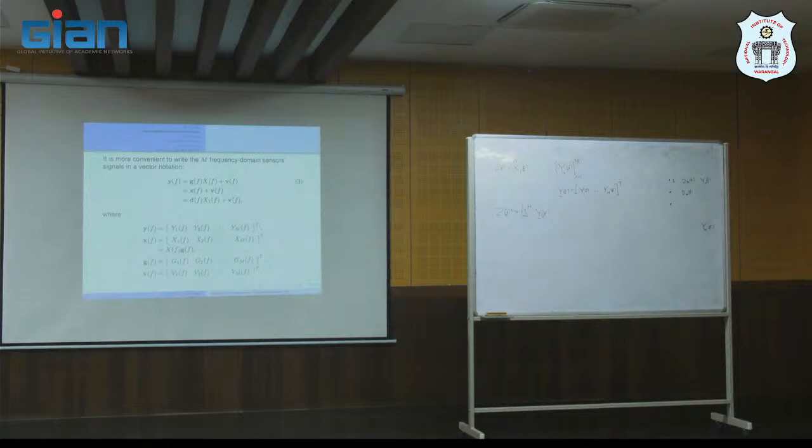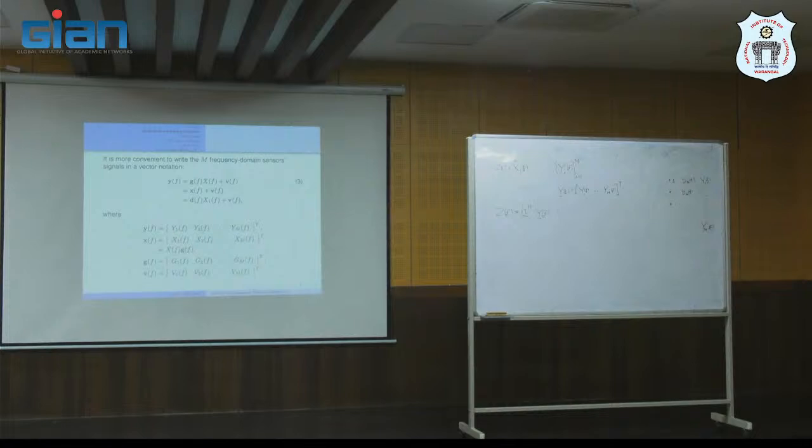G is the transfer function from the desired source to each of the sensors. G1 is the transfer function from the desired source to sensor number 1 in frequency f. So I don't repeat the dependence on frequency, because here we work on a certain frequency.